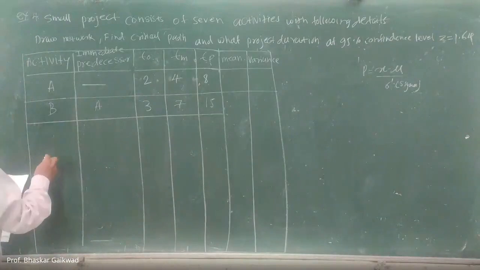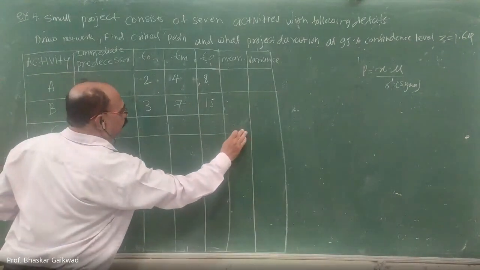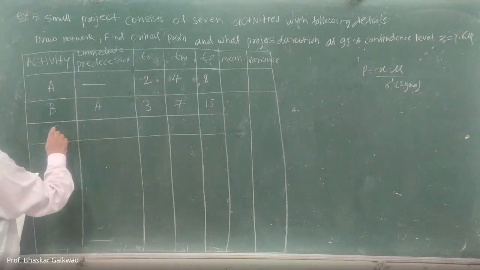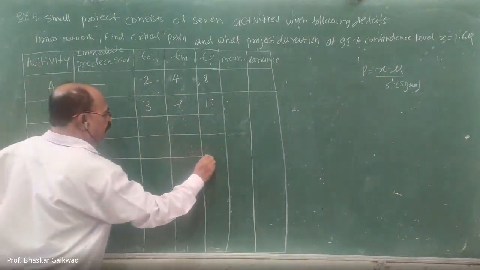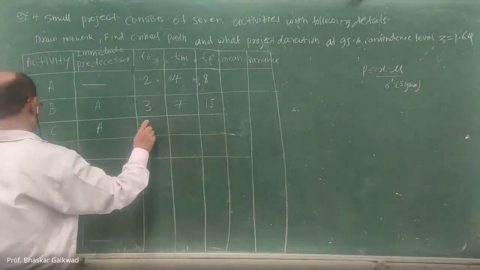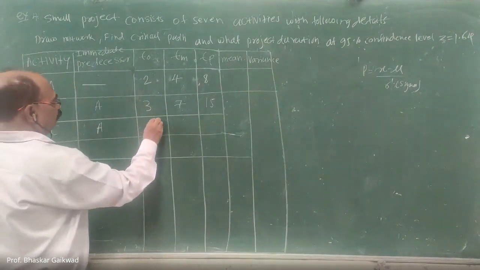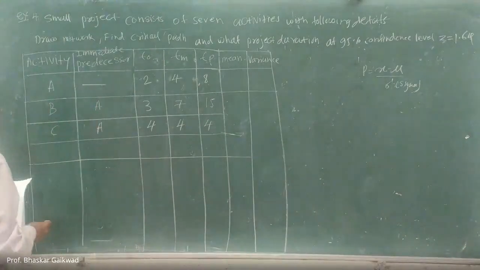After that, C activity is there, and after completing A, C will start. Time for C activity is 4, 4, 4. So optimistic 4, most likely 4, pessimistic 4.